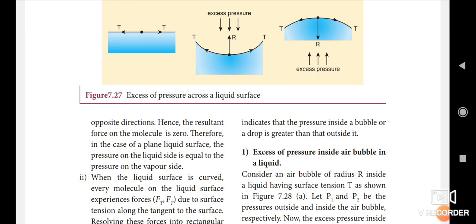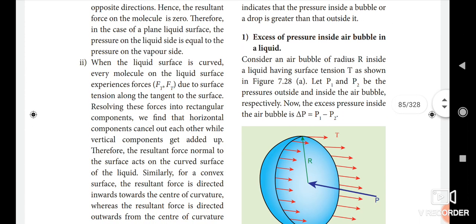See the second diagram. Here when the liquid surface is curved, every molecule on the liquid surface experiences the force of surface tension T along the tangent to the surface. Resolving these forces into rectangular components, we find the horizontal components cancel out each other while the vertical components get added up.